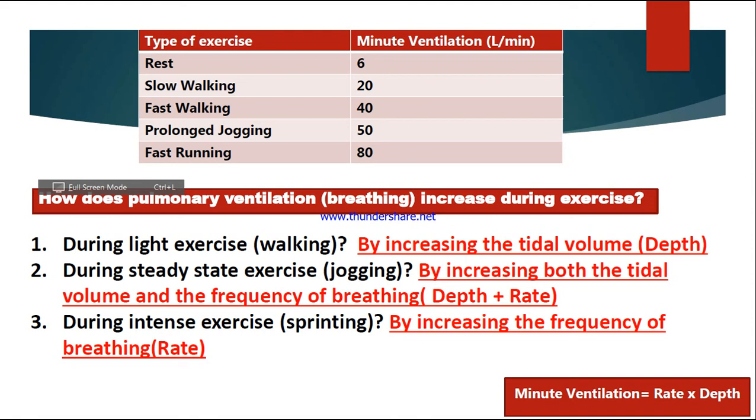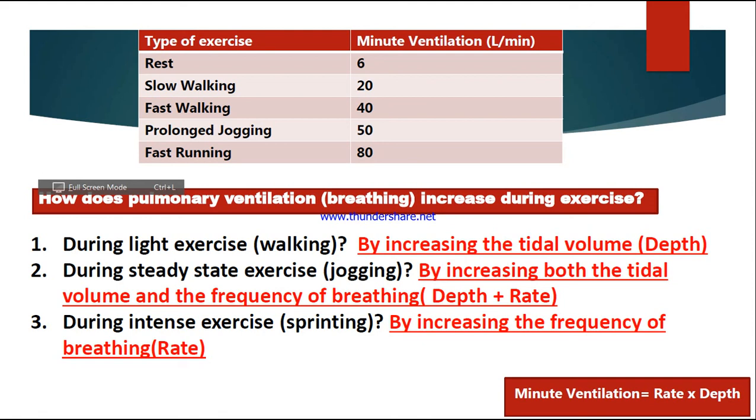So how does this pulmonary ventilation, or in simple words breathing, increase during exercise? What happens during exercise? During light exercise like walking, it increases by increasing the tidal volume.